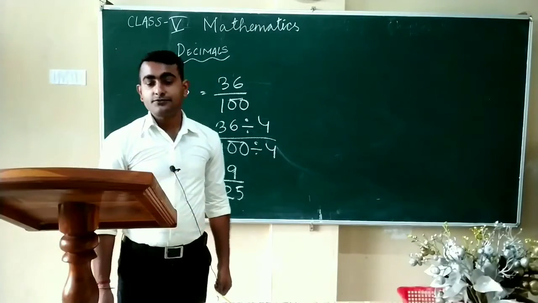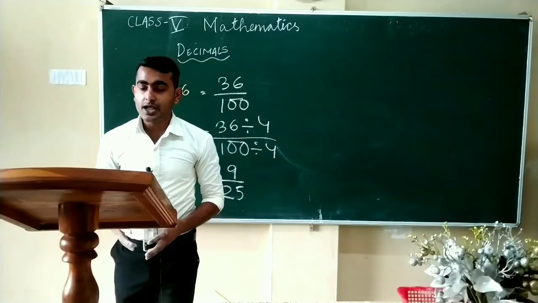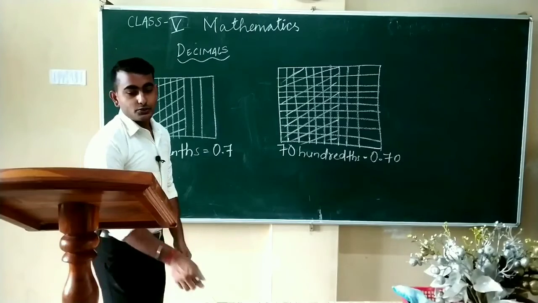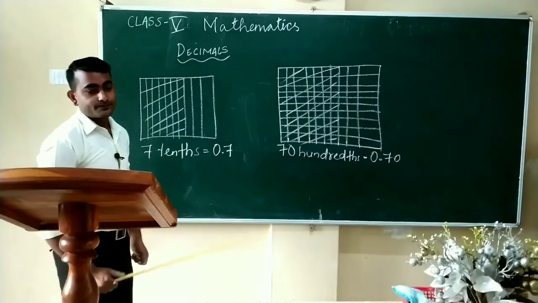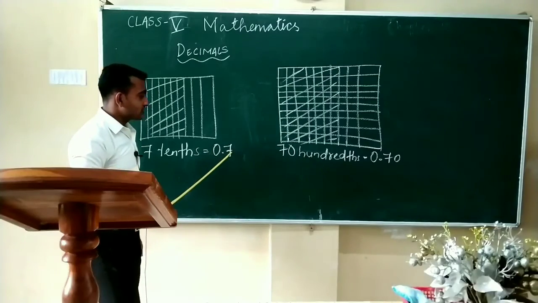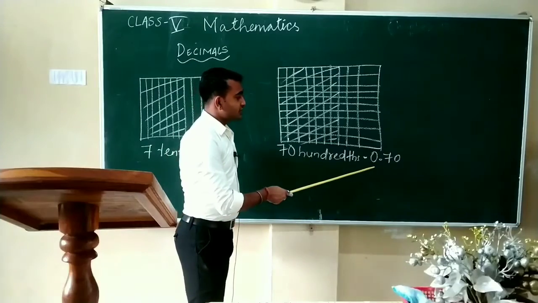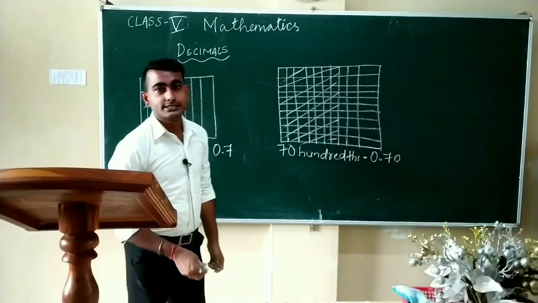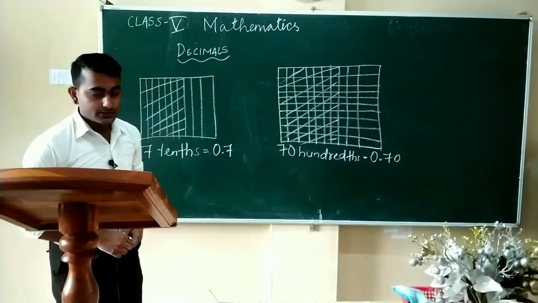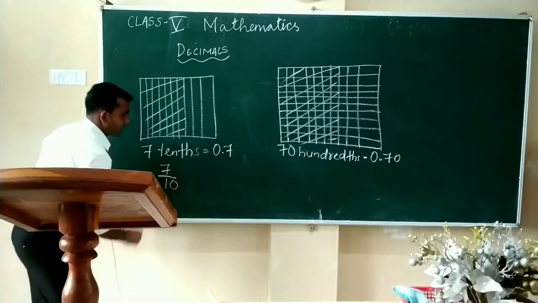Now, equivalent decimals. Decimals that name the same amount are called equivalent decimals. As you can see, these two pictures name the same amount. So 0.7 equals 0.70. 7/10 can be written in fraction as 7 by 10.